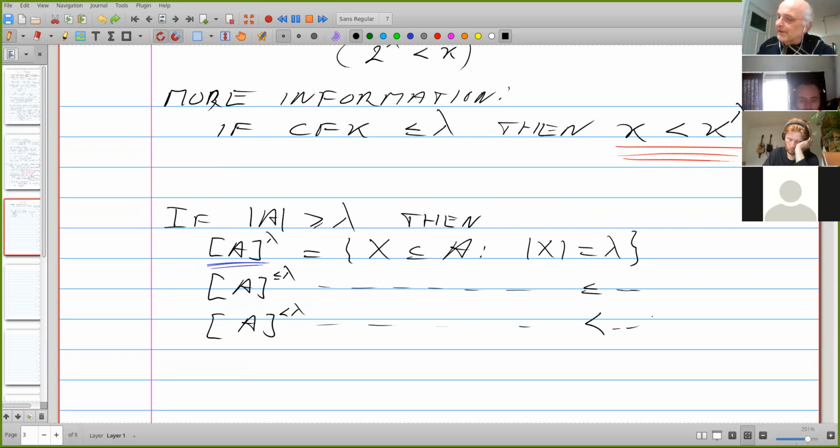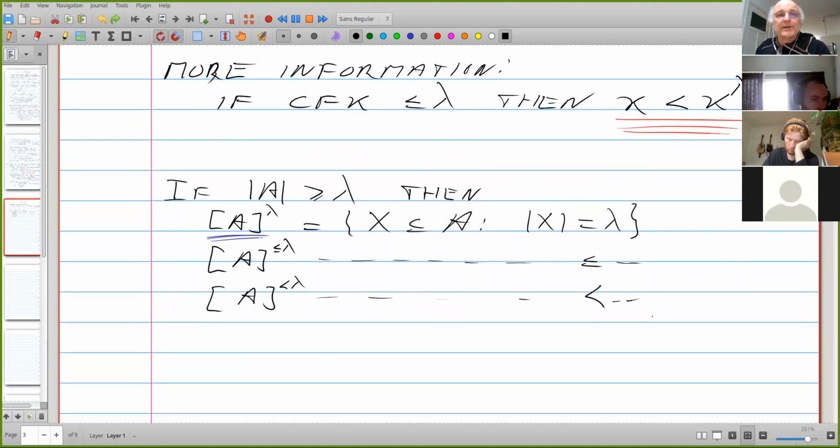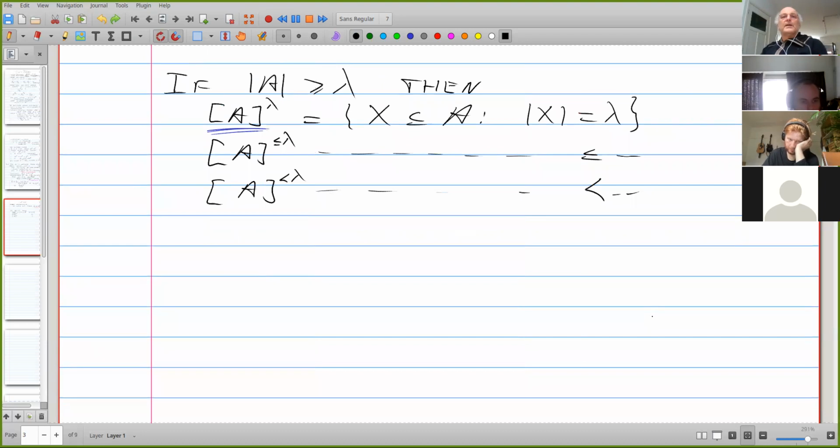You will find these notations all over the place in set theory. They're useful abbreviations, but we'll be working with the first one mostly today. And in the book, we will find this useful lemma.